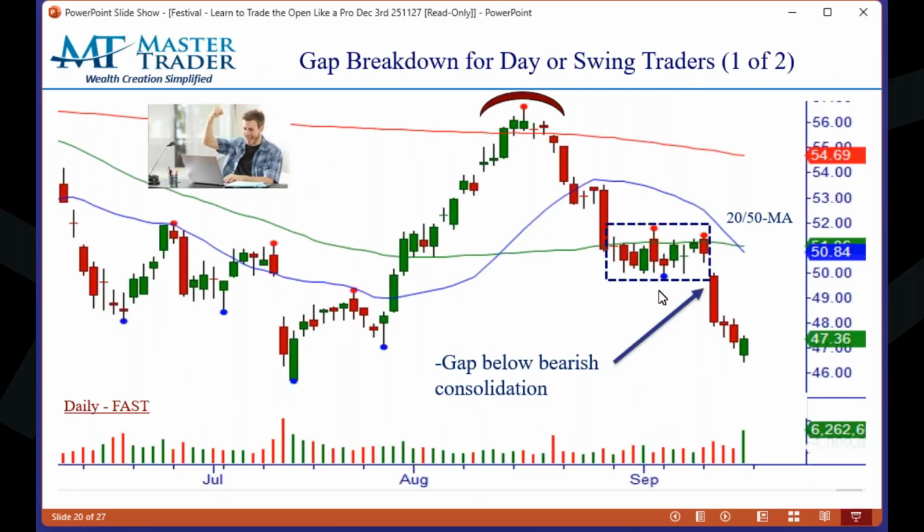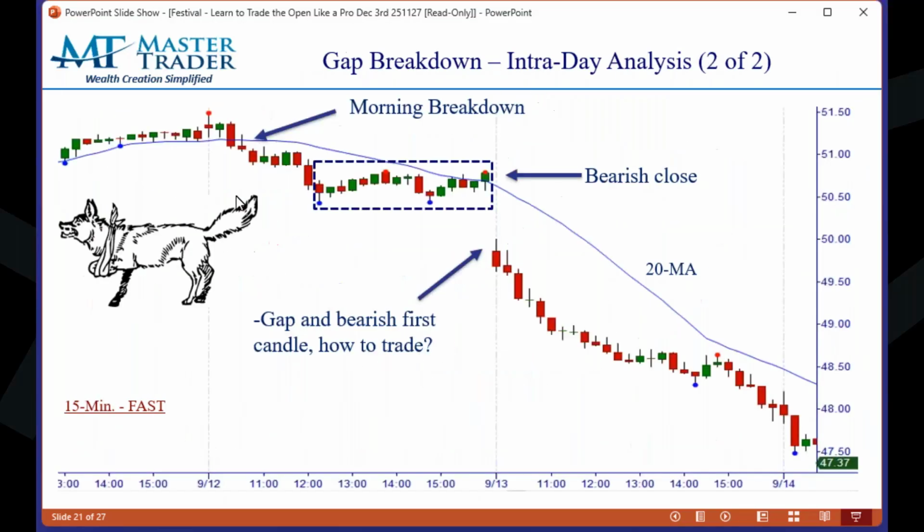Another gap breakdown here, and I got a price void here. End of day base, breakout failure. Why do I have a picture of this wounded dog or wolf, whatever animal that is? Because when we look at gap trading, so you have a bearish gap down.